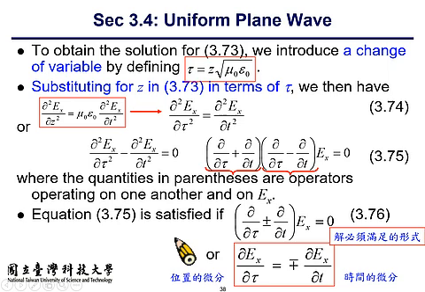To simplify the derivation of the solution, we can perform a change of variable, which makes our equations look more concise. We define a new variable tau, which equals z times the square root of epsilon sub 0 and mu sub 0.